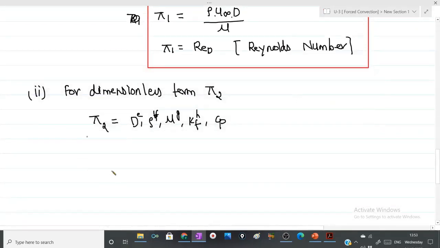Now writing all these terms in terms of primary dimensions, pi 2 being a dimensionless parameter, the dimensions can be written in this fashion.